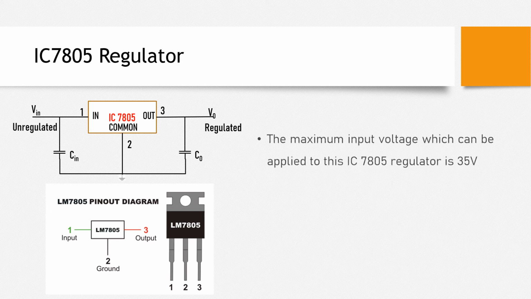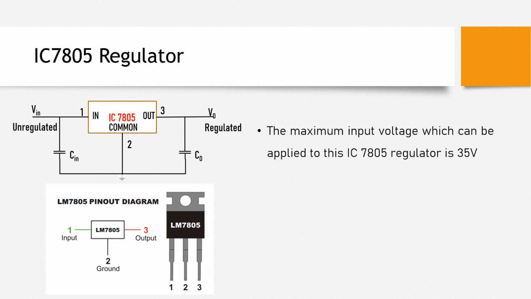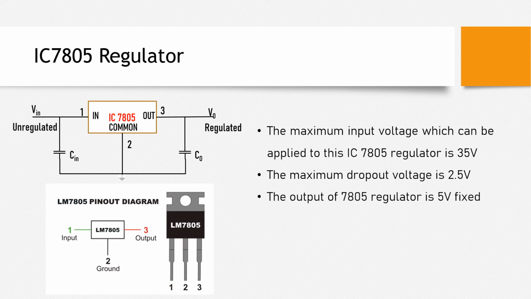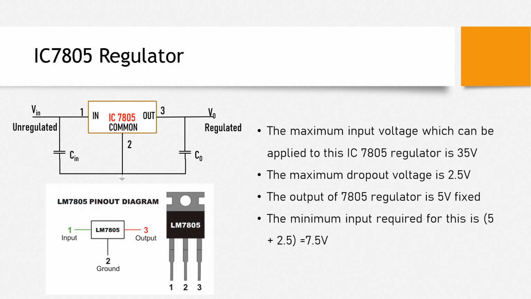The maximum input voltage which can be applied to this IC is 35 volts. We have to limit the input voltage within this range, and the maximum drop voltage for this is 2.5 volt. The output of 7805 is fixed at 5 volt, and the minimum input required is 5 plus 2.5, that is the drop voltage, which is equal to 7.5 volt.